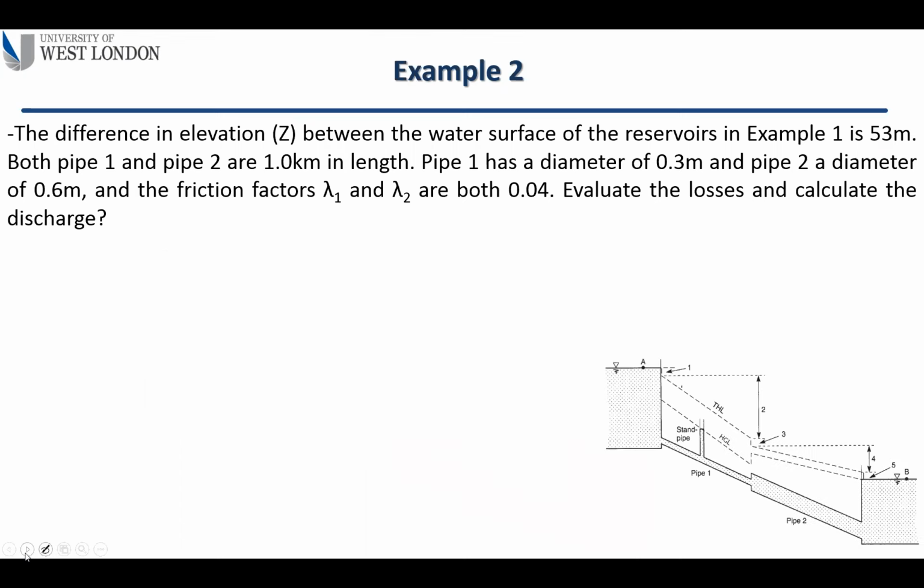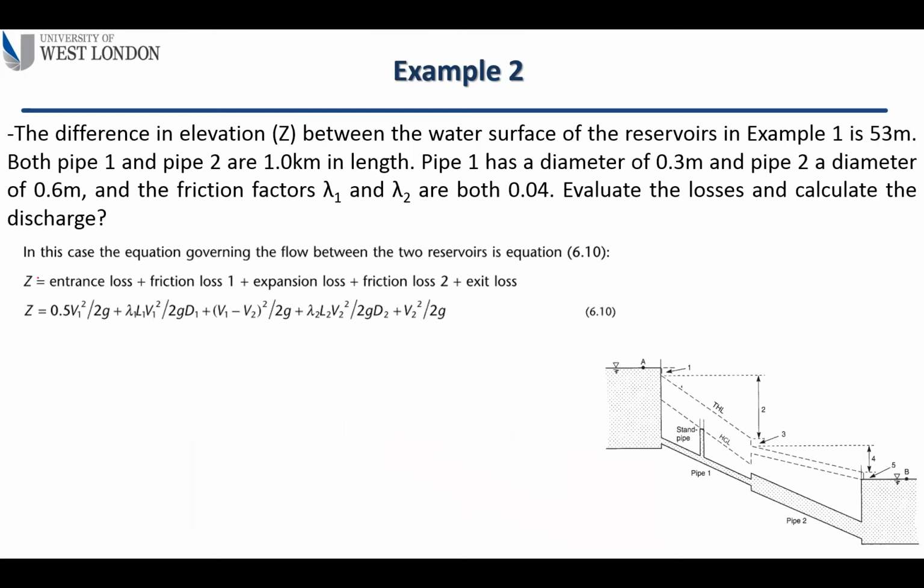So if we write Bernoulli's equation, on the left-hand side we have Z. On the right-hand side, the pressure and velocity heads are 0 and the elevation head is 0, and the only terms left are the energy head losses.